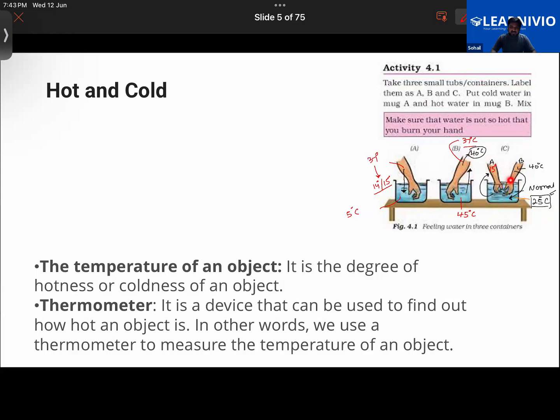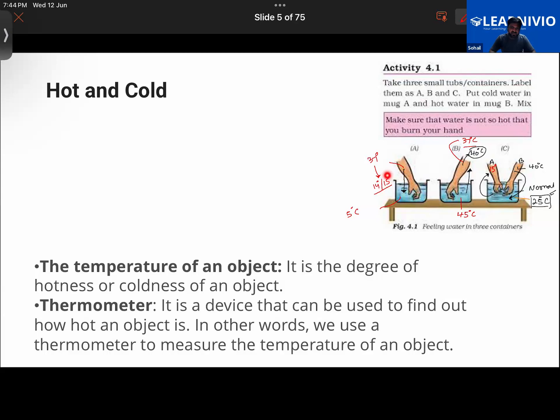Now, what happens in bowl C? Now, this hand A, you have dipped into this. So your hand was cooler now. Your hand lost some heat in bowl A, so it became colder, and let's say that your hand became cold to 15 degrees Celsius.